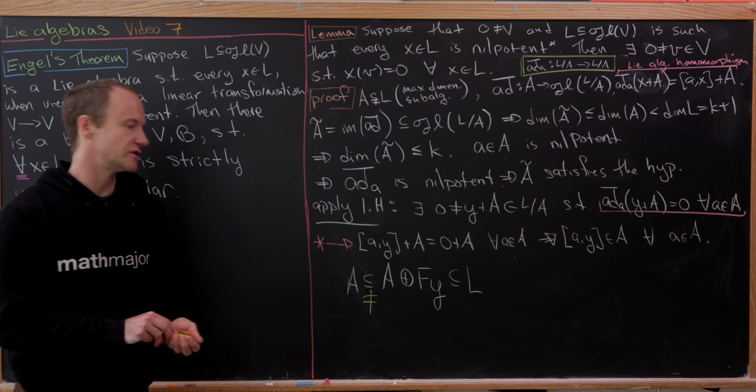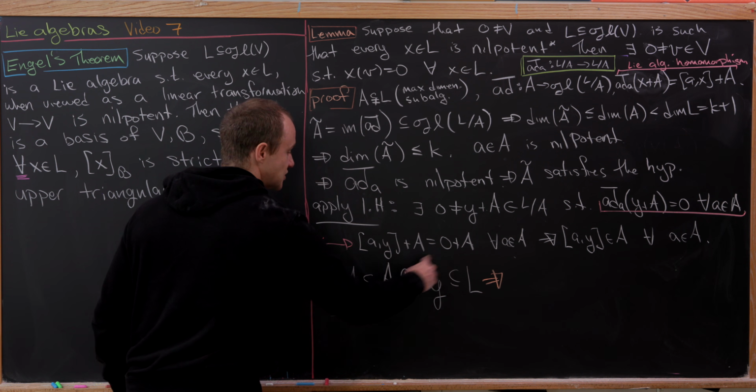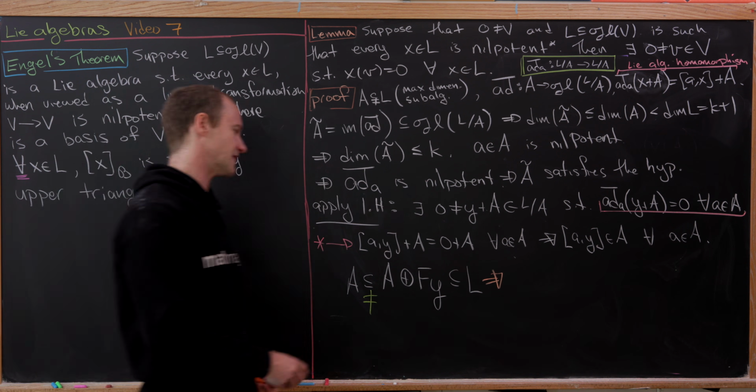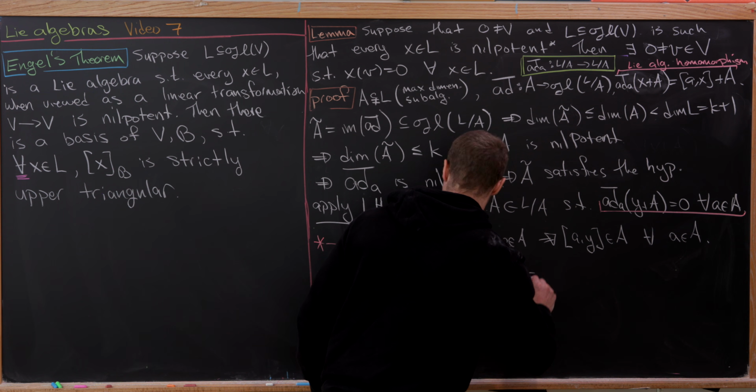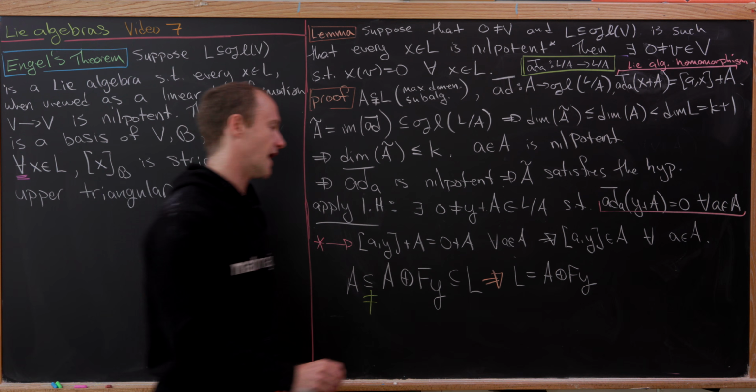So these two have to coincide, otherwise that would contradict the maximality of the dimension. In other words, L is equal to A plus Fy.